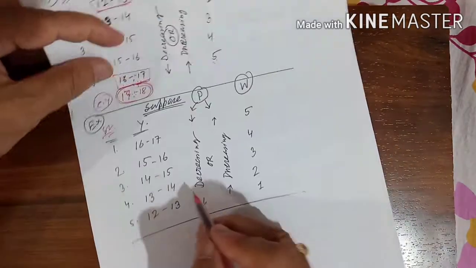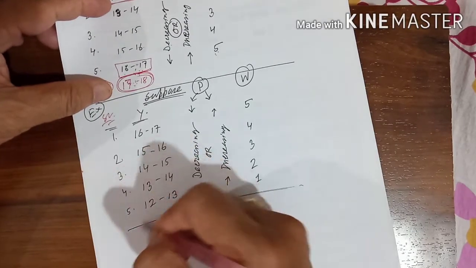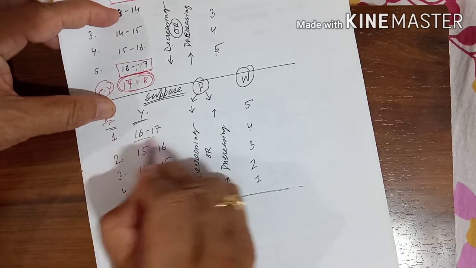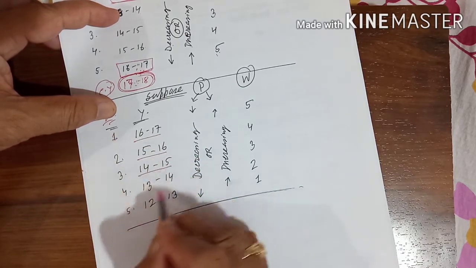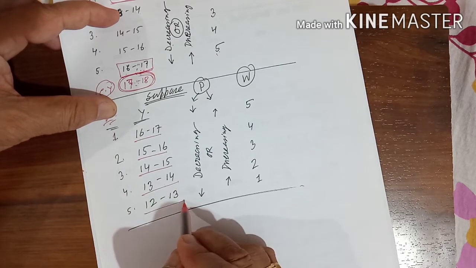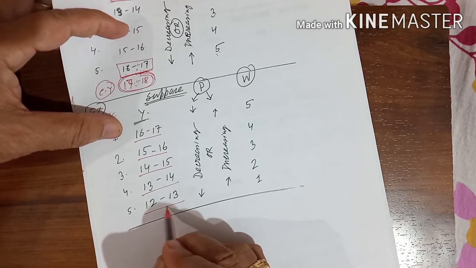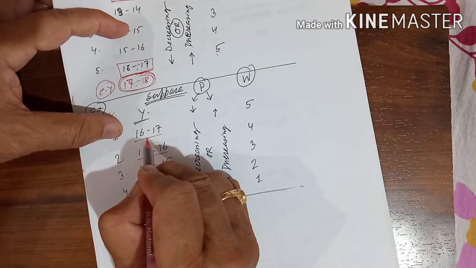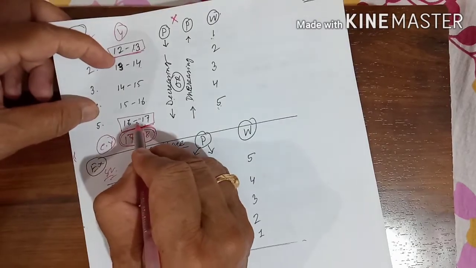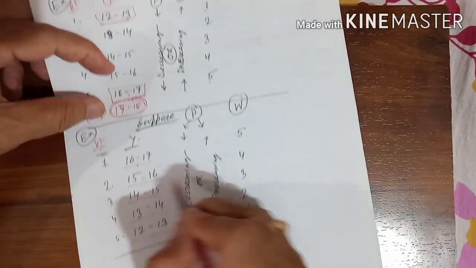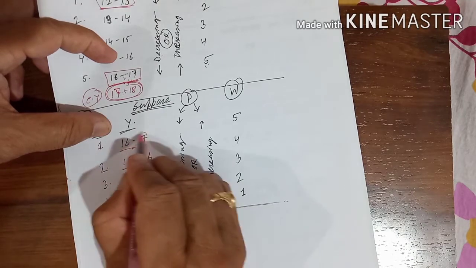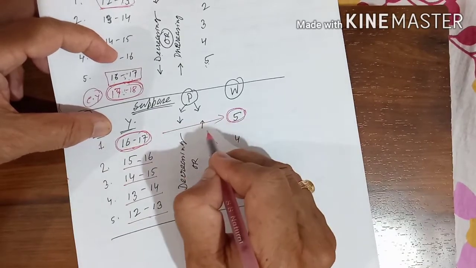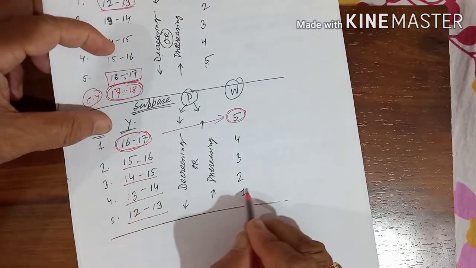That is 1. See, in this case I have given the years the opposite way. Here I wrote 1, but the years are 16-17, then 15-16, then 14-15, then 13-14, then 12-13. 12-13 is far away from your current year. This is the nearest to your current year. In the previous sum it was given last, but here it is given first. So the year which is nearest to the current year, that weight will be more. See, here it is given 5. Here it is given 1.